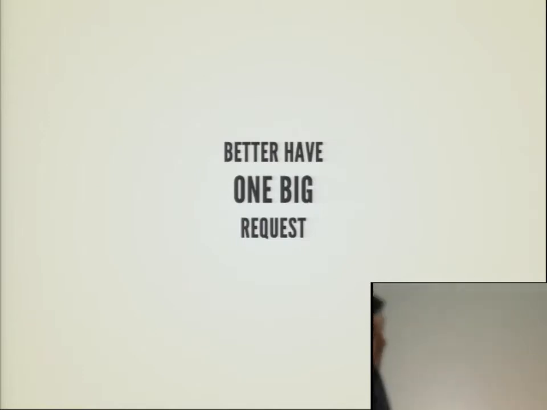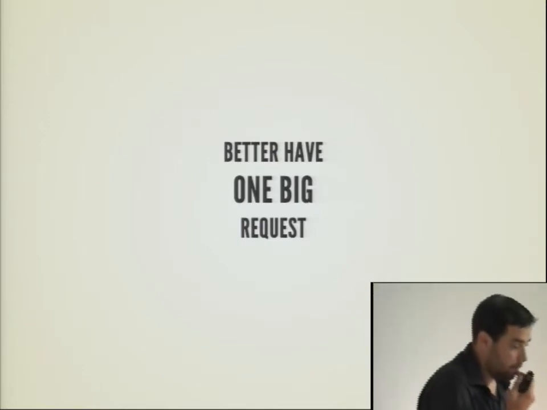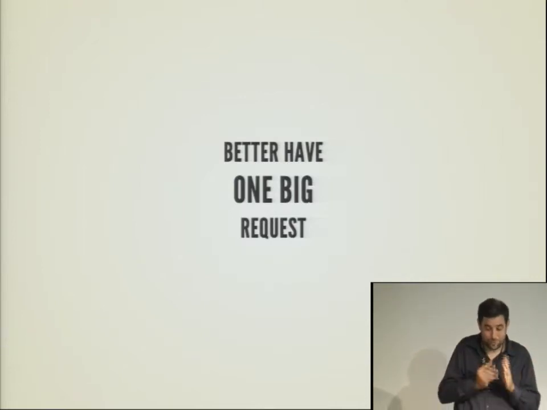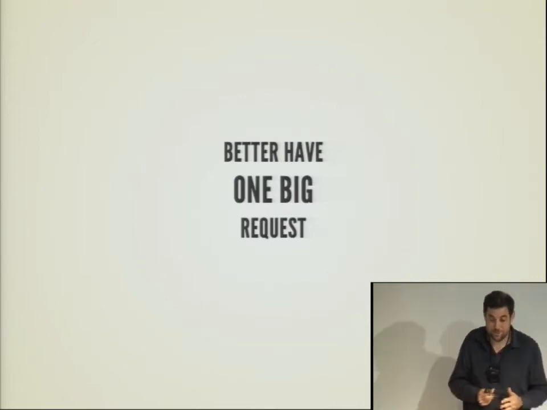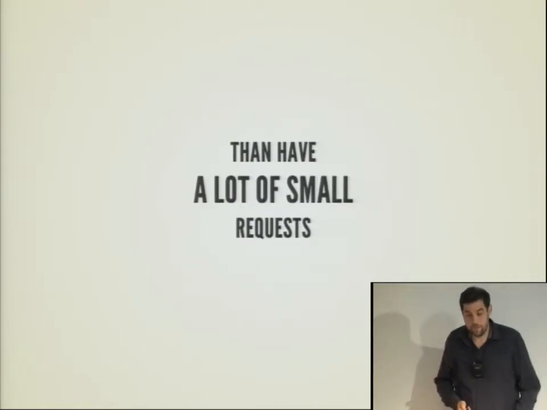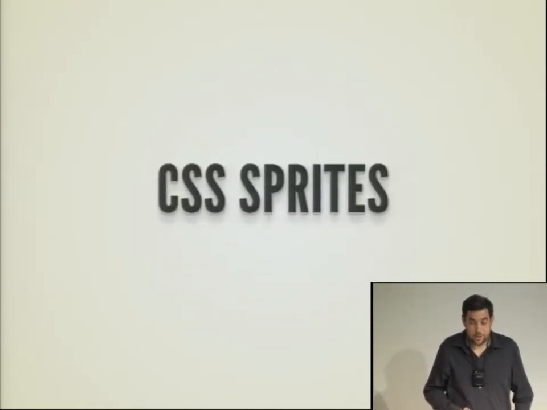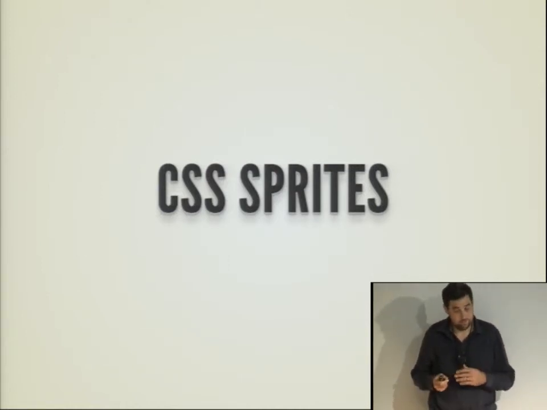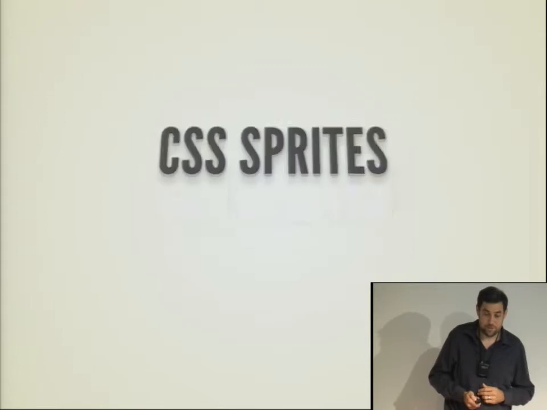So that also means, like the example I gave you before, it's better to have one big request with maybe some kilobytes of JavaScript than to have a lot of small requests. That's actually the same idea as CSS Sprites. CSS Sprites is probably a more known technique.